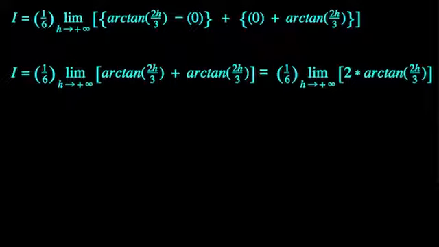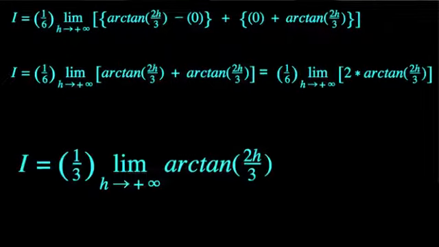Sorry, this is the part where I stopped writing my script and I fumbled there for a moment. Alright, so we're going to factor out that 2. This gives us a 1/3 on the outside, and now we just have the limit of arctangent of 2h over 3 as h goes to infinity.